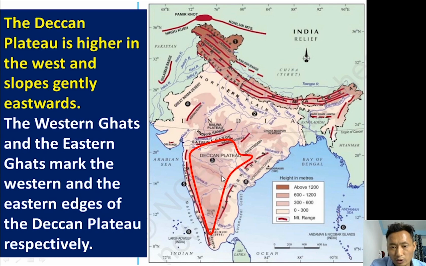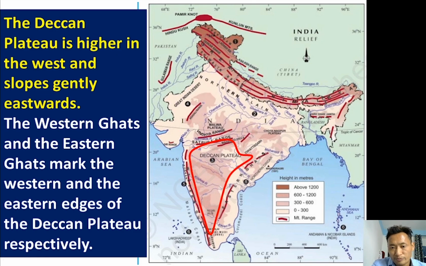How can we know the elevation or the relief feature of Deccan Plateau? By studying the map. Dark brown shows height above 1,200 meters above sea level, and the light shaded one is between 600 to 1,200 meters above sea level.